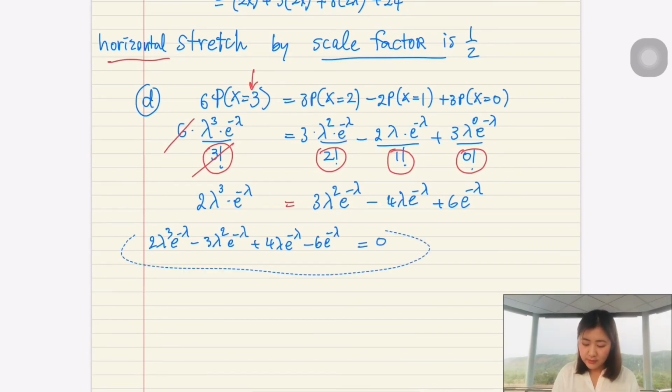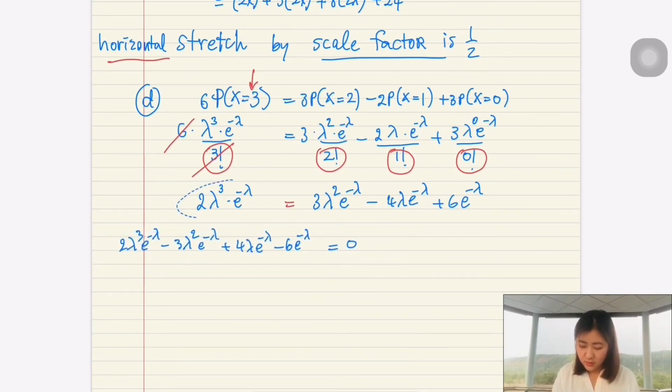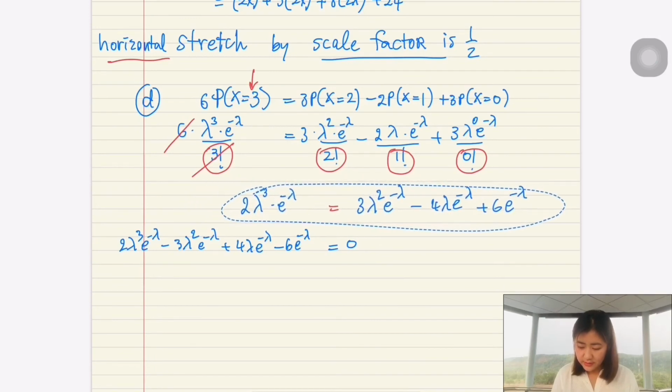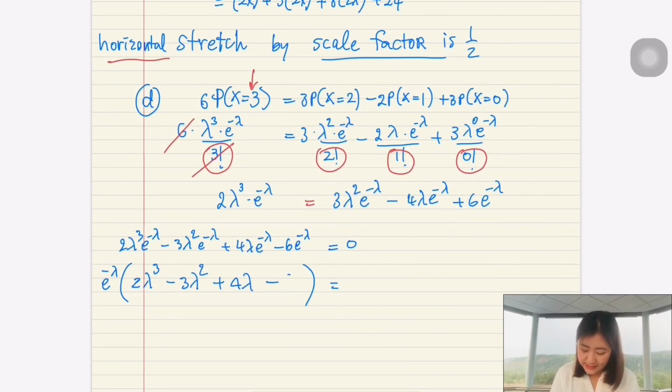Okay, we can see this is a common factor. We can move it out. So e to minus lambda in brackets here, 2 lambda cube minus 3 lambda square plus 4 lambda minus 6 equals 0.